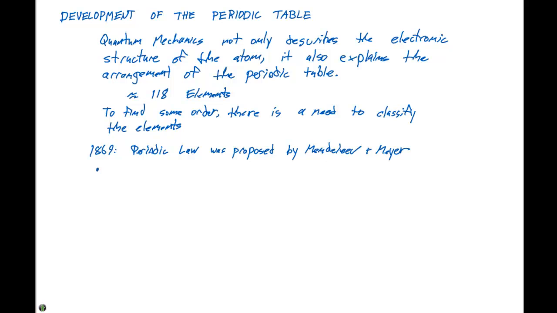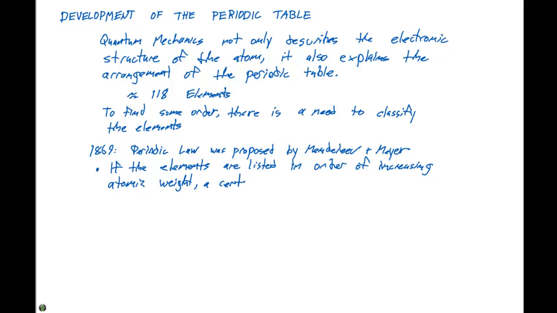And basically, what these guys did is they said the following: if the elements are listed in order of increasing atomic weight, a certain number of properties repeat periodically.